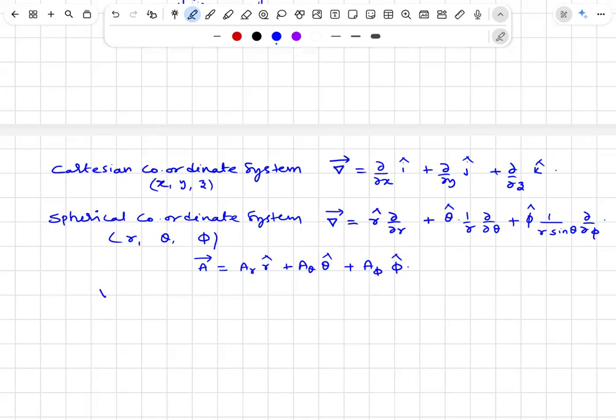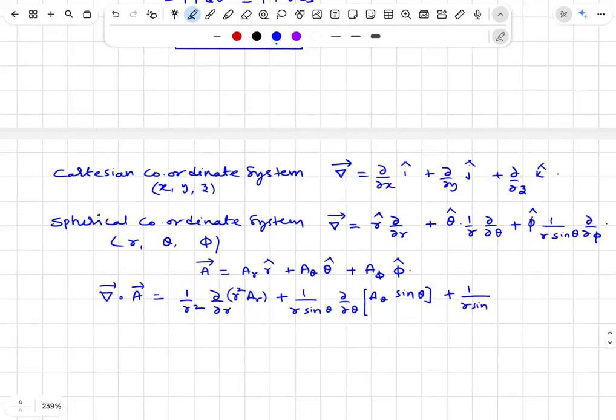Now, the divergence of A bar is given as 1 by r square dou by dou r of r square A r, plus 1 by r sin theta dou by dou theta of A theta sin theta, plus 1 by r sin theta dou A phi by dou phi.